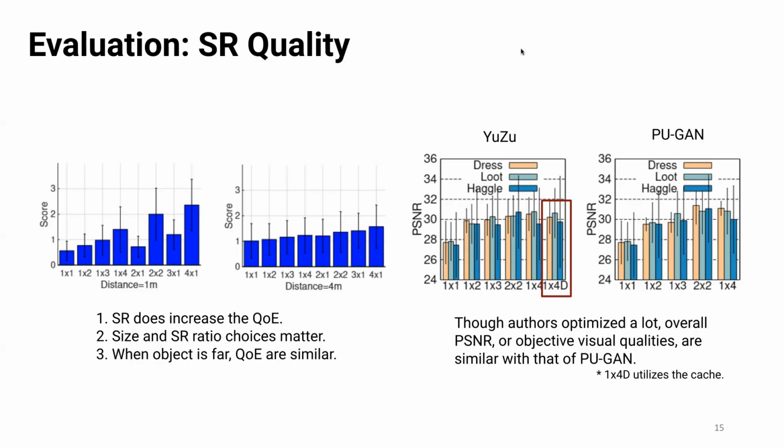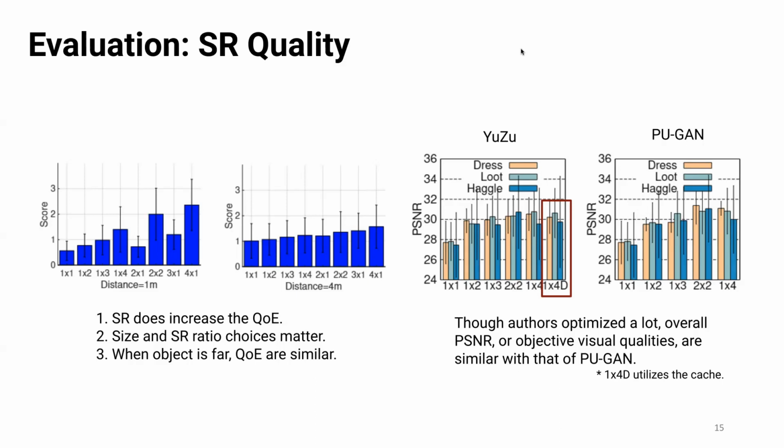For this one, the left is a subjective quality metric, and the right is an objective metric, which is PSNR. The left figure of the right pair is YuZu, and the right one is PU-GAN, which is the live one.